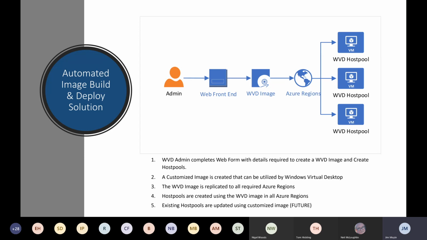It'd be nice if you didn't have to drop down to PowerShell to do it every single time, and you just had a nice web front end. Maybe then you could delegate that task to somebody else when you need to produce an image. And it should be zero touch, right? So once you put the data into that web front end, you'll end up with a host pool at the end that somebody can log into.